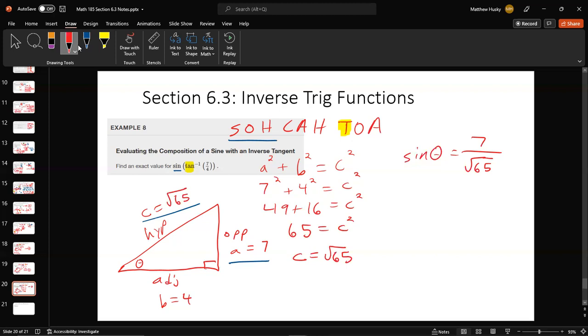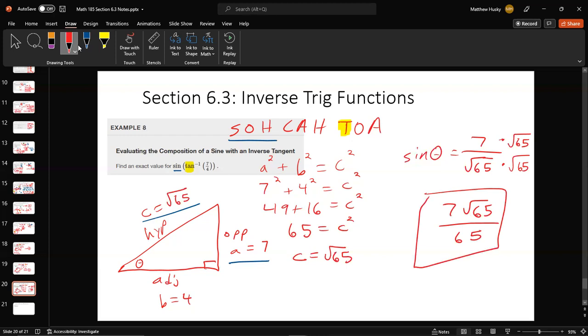So what we will do is multiply by root 65 on top and on bottom. And if you do that, you will end up with 7 root 65 over 65, which will be the solution for that one there. And it looks like we have one left.